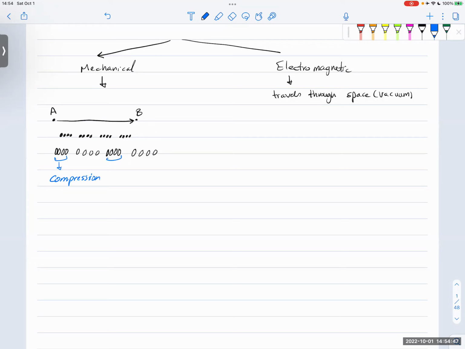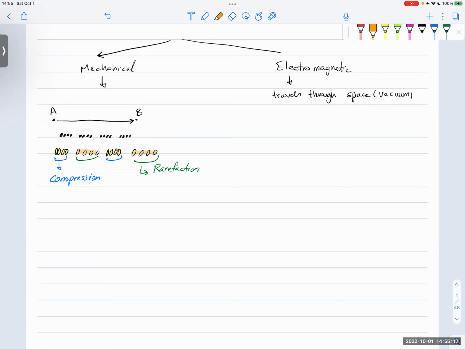As you see here with the blue, and these areas in green, they are called rarefaction. The difference between compression and rarefaction is that areas of compression have high pressure or high density, whereas areas of rarefaction are far from each other, so they have lower pressure or lower density.